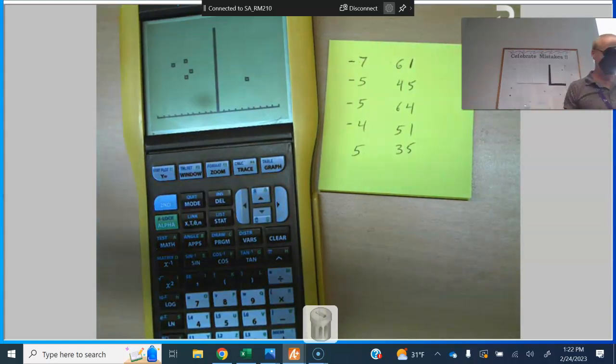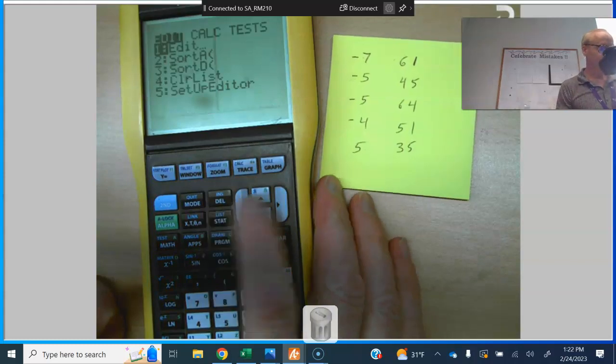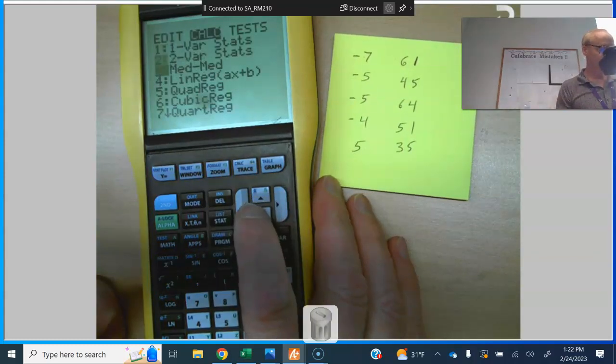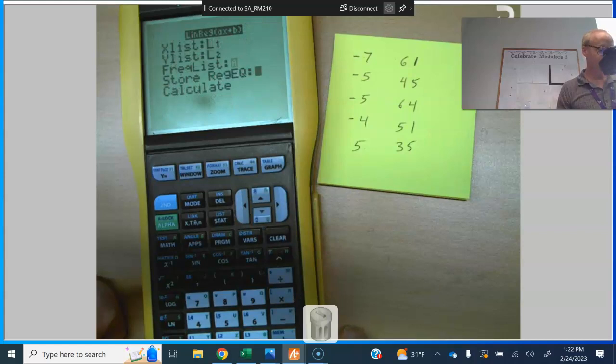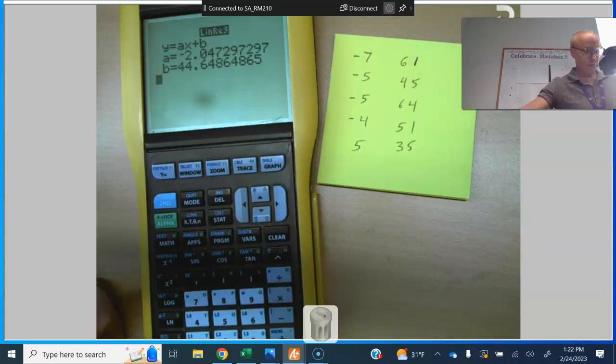So I am going to calculate. I use stat, calculate my linear regression, and I get this equation.